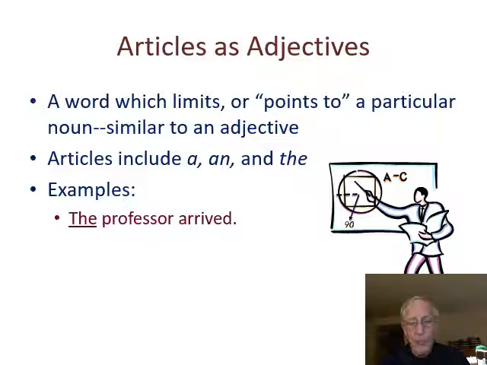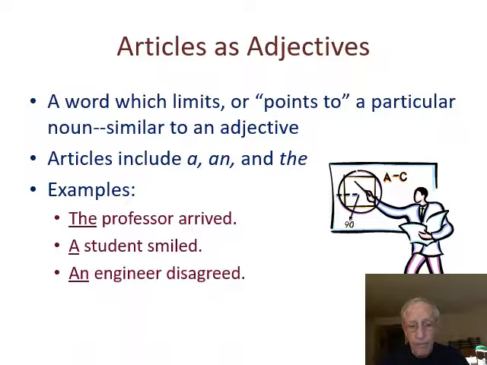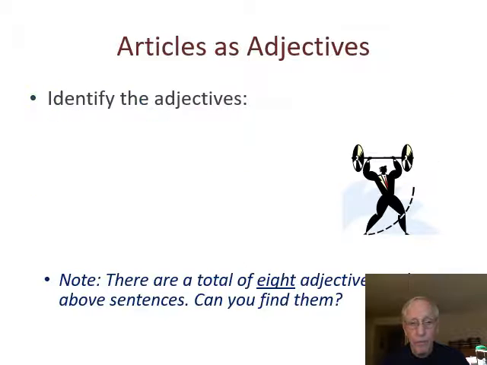An example is, the professor arrived. The functions like an adjective because it's pointing to professor. A student smiled. Again, a is pointing to student. An engineer. Now, an, of course, we have to use that instead of a because the word engineer begins with a vowel, but it's an engineer, and an is pointing to engineer.